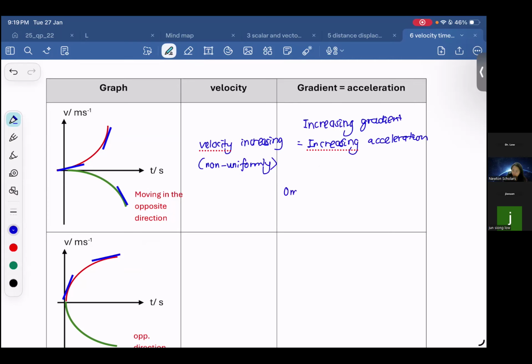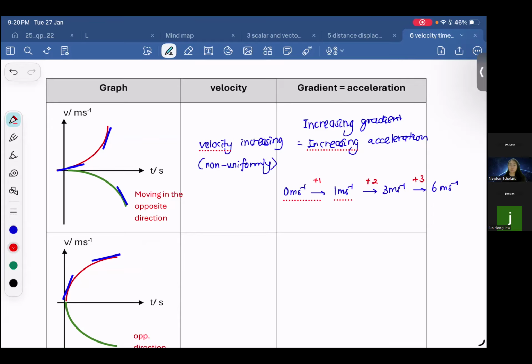So here 0 m/s, then it might go to 1 m/s, then 3 m/s, then 6 m/s. So it speeds up every 1 second. How does it speed up? You see this one plus 1, this one plus 2, this one plus 3.